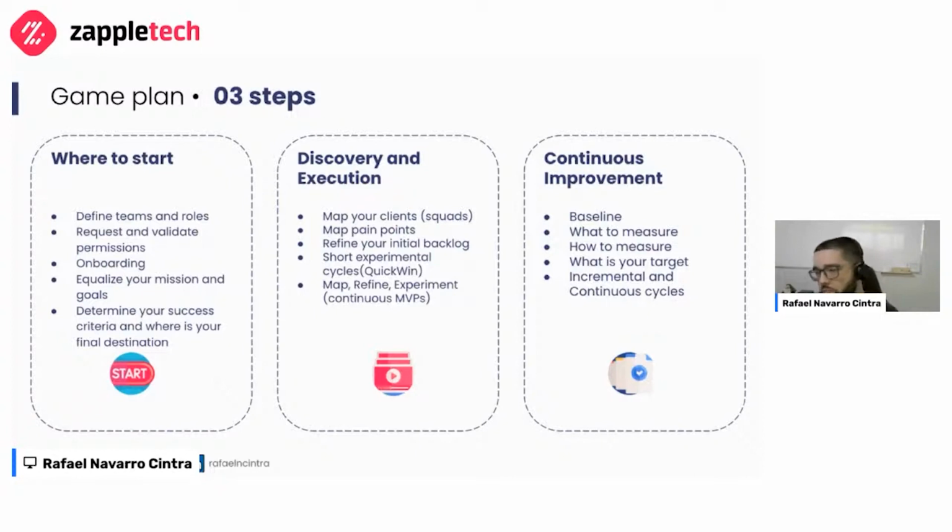So you need to understand what's your success criteria and where it's your final destination, because your goal is not going to be to get to the final destination, but you need to have an idea of what exactly platform means to you. And I can't tell each and every one of you what's going to be your end platform and how that's going to look for you.